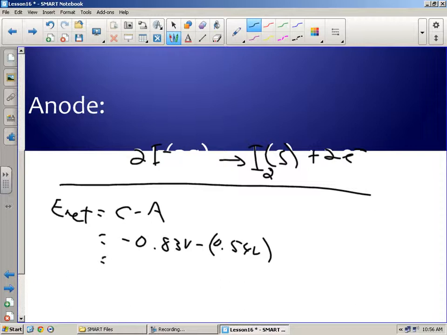So subtracting those two, of course, you're going to end up with negative 1.37. Okay. So once again, because it's non-spontaneous, it's negative. All right? So that would be your cathode minus anode there.